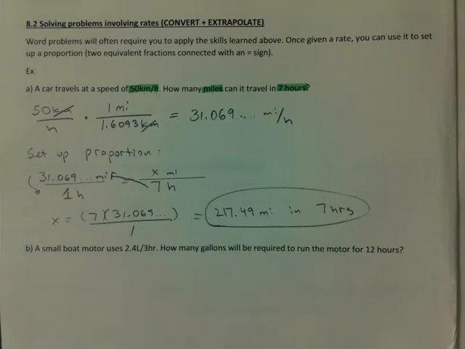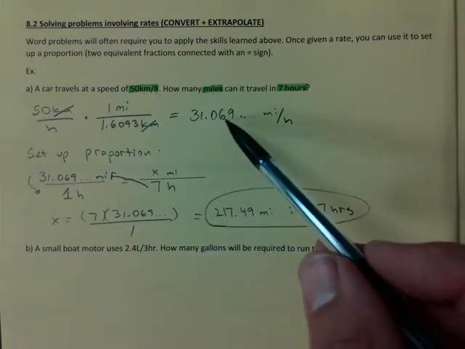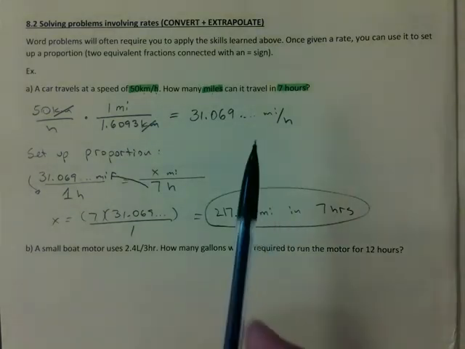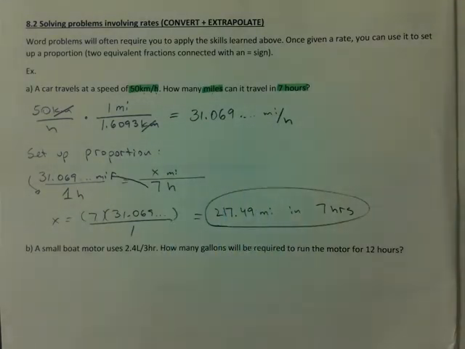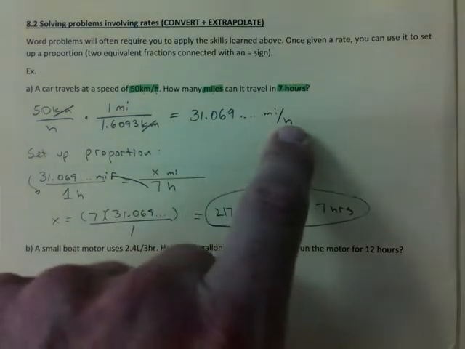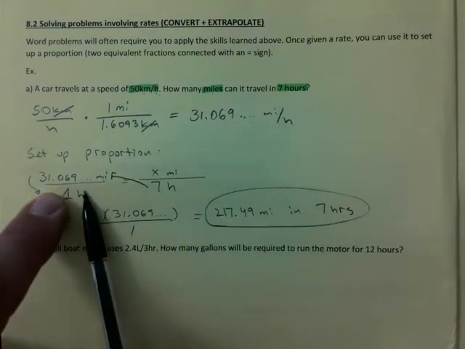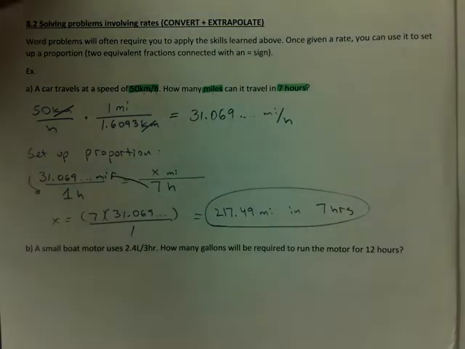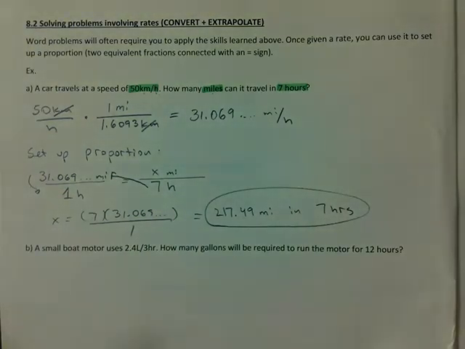And some of you might have just said, well, I'm just going to multiply that by 7. Big deal, right? I'm just going to do it. I agree, but sometimes it's not as black and white. So if you just take the rate, set it up, and then see what it is that you're missing on the other side and just cross multiply and divide, then you'll get it right every time.